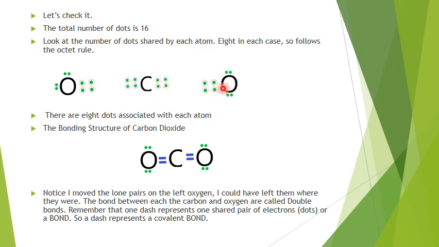Notice that these electrons don't belong to just oxygen, they also belong to carbon. Oxygen says it can claim them, and carbon can claim them. Okay, replace the shared pairs with dashes, and you get your bonding structure.